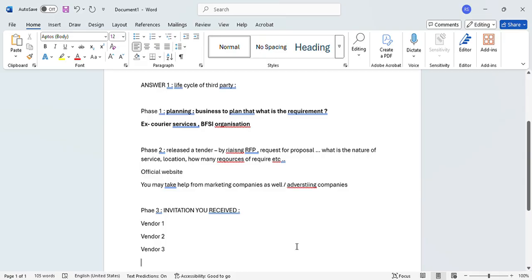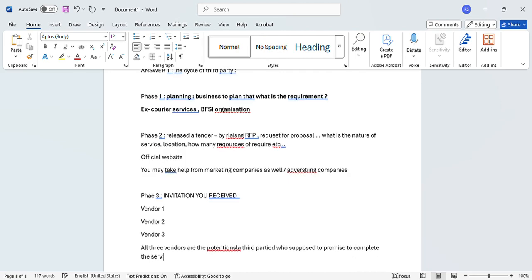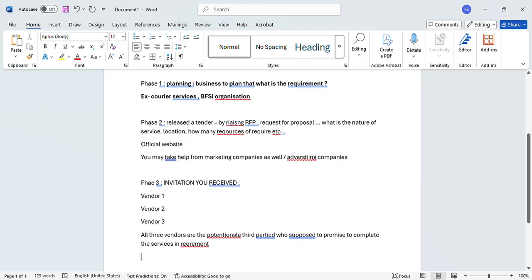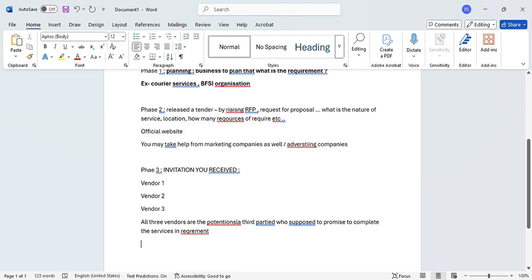So I can also say that these vendors are the potential third parties who promise to complete the services required. Great. Phase number 4.